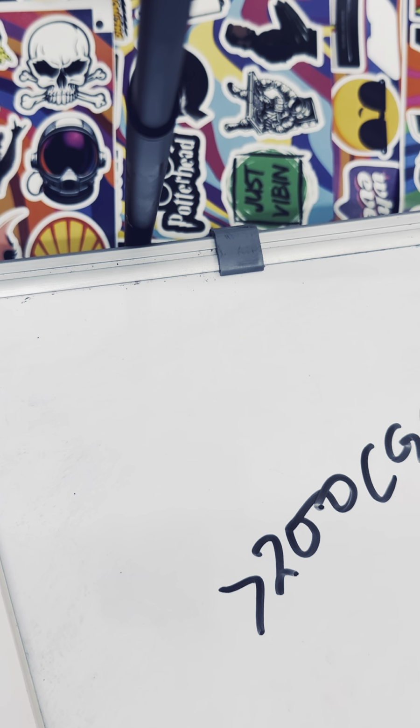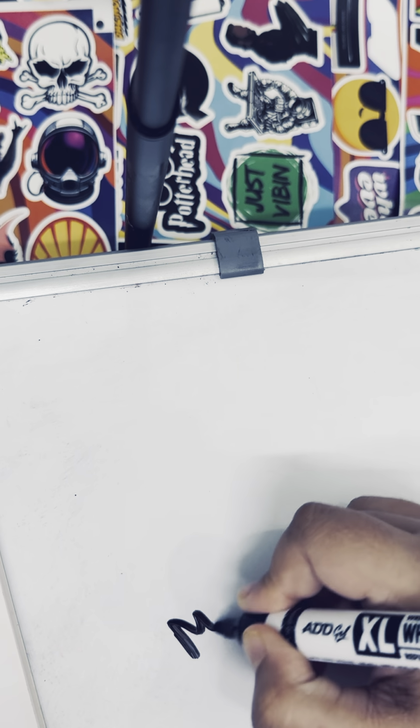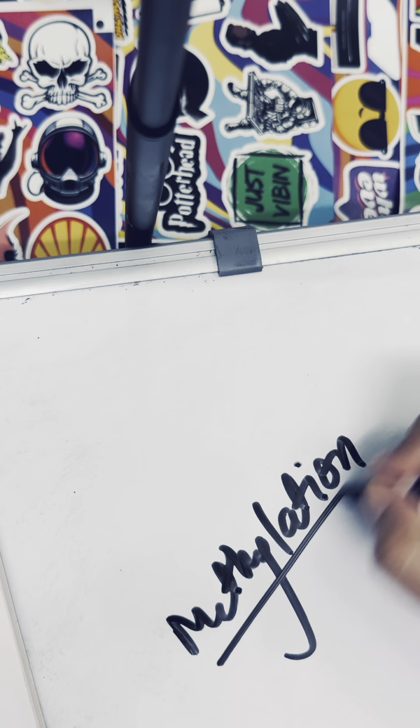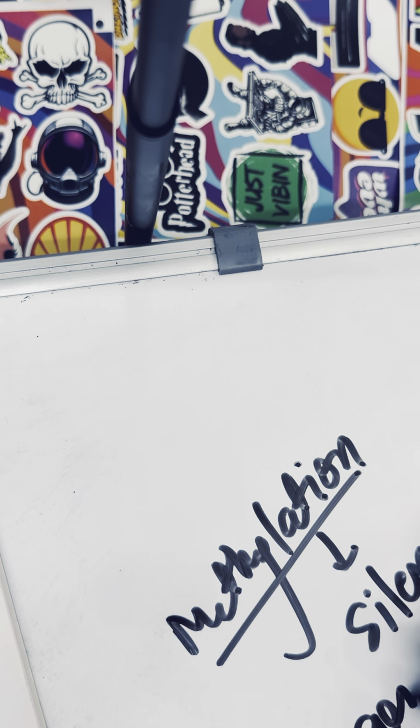epigenetic methylation. And we have studied the epigenetic methylation. The methylation is one of the processes through which we silence the gene. So it silences the gene, and that leads to protein inactivation and full-fledged fragile X syndrome.